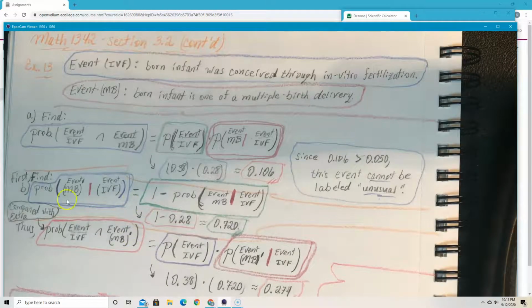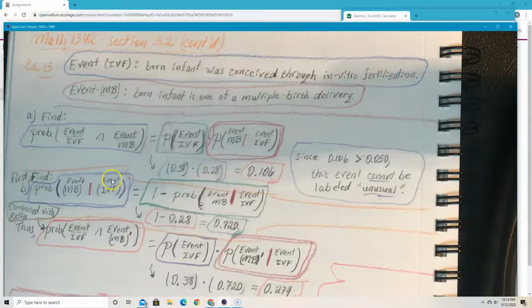So this is equal to 1 minus the probability that, knowing that the infant born went through the in vitro fertilization process, they were part of a multiple birth delivery. This right here and this right here are complementary events.